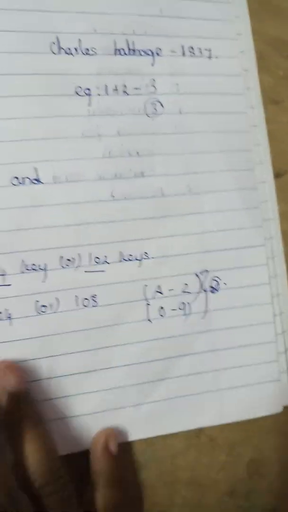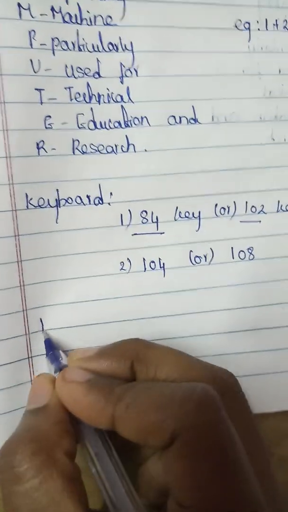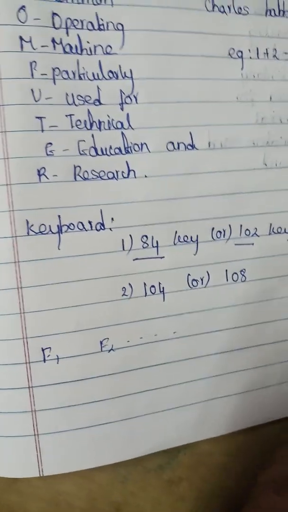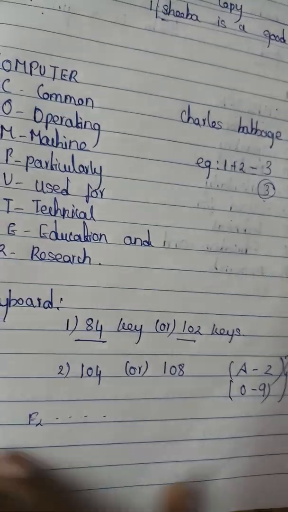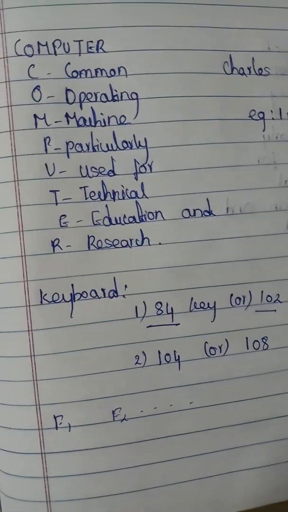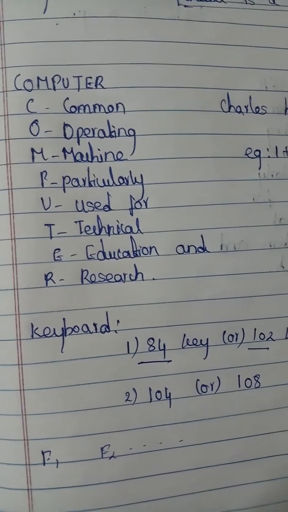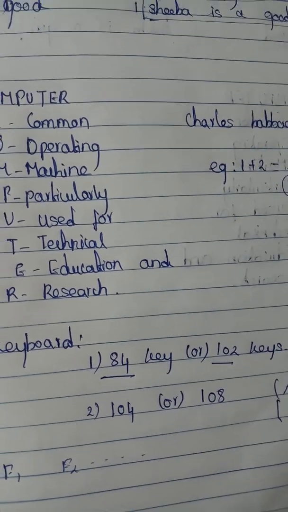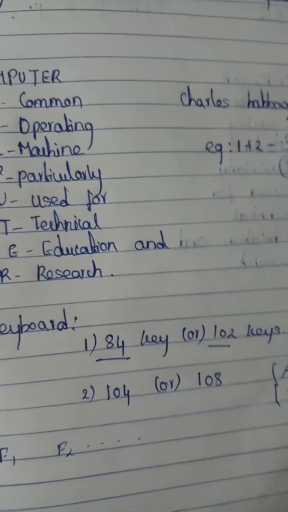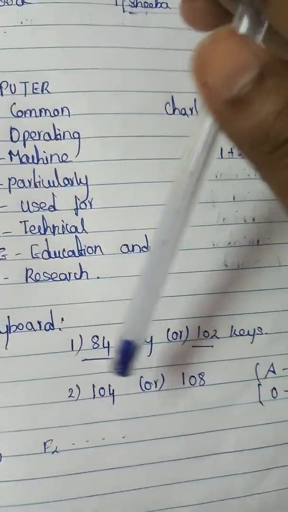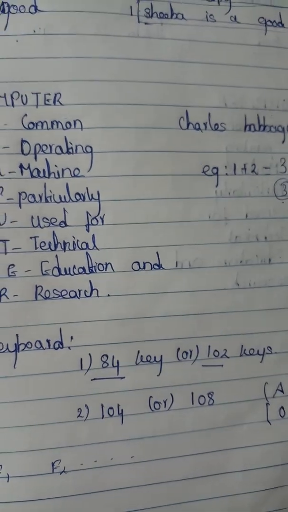You can also see some function keys like F1, F2, etc., and the escape key, delete key, backspace, shift, space bar, caps lock, control, etc. There are so many keys, because in olden days they used 84 or 102 keys and now they use 104 or 108 keys.